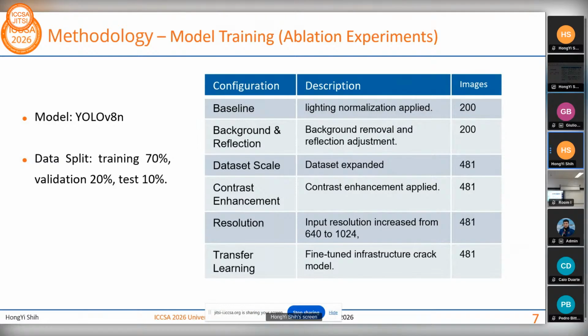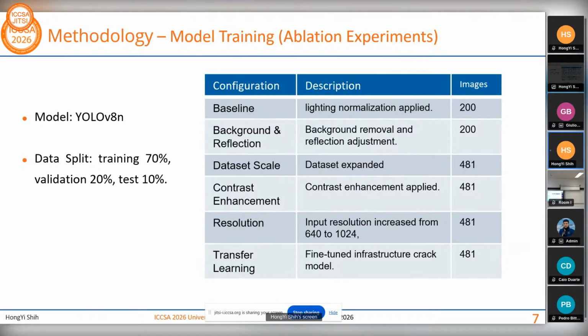And we designed a series of ablation experiments to evaluate how different image processing strategies and different training configurations affect crack detection performance. The baseline model used only 200 images with only lighting normalization applied. And then we removed background and adjusted the specular reflection, to evaluate whether reducing visual interference could improve detector performance under the same dataset size.